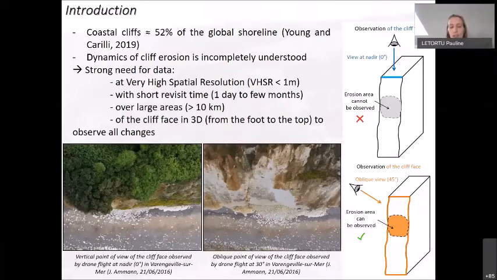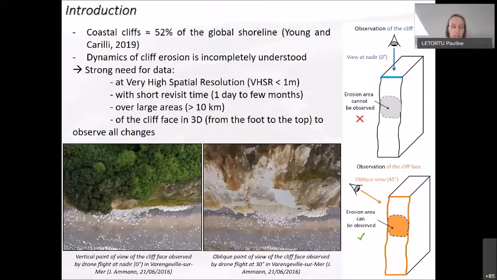The dynamic of cliff erosion, retreat rate, erosion modalities, and the respective contribution of factors responsible for triggering falls, is incompletely understood, partly because cliffs are a complex system, and also because they have mainly been studied since the 80s, unlike beaches and dunes, which have been studied for a long time. However, the coastal cliffs represent 52% of the global shoreline.